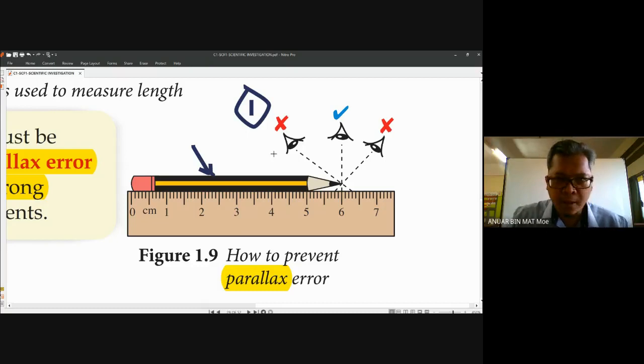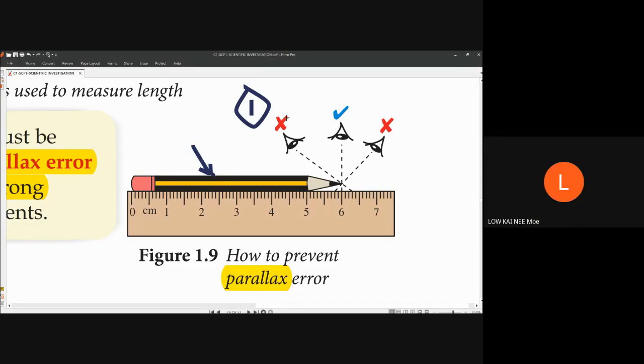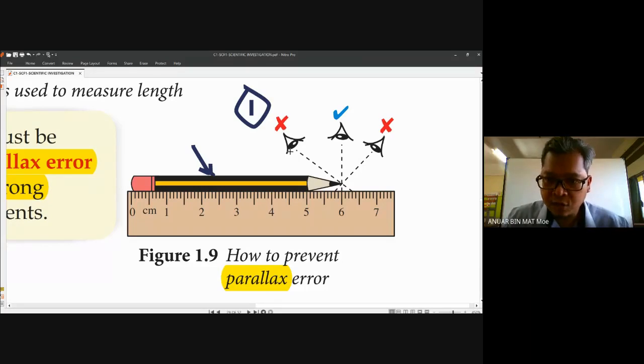What would the value be? Anybody? 6.3. Okay, very good. The measurement will be 6.3. It is not accurate. This is what we call parallax error.